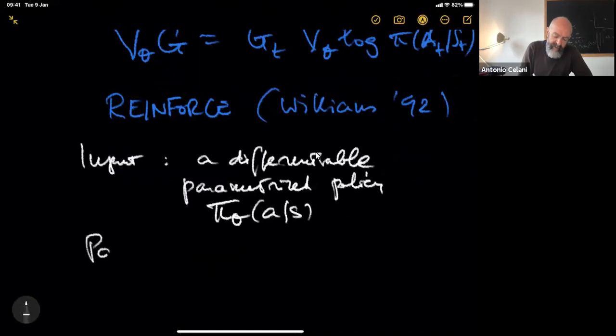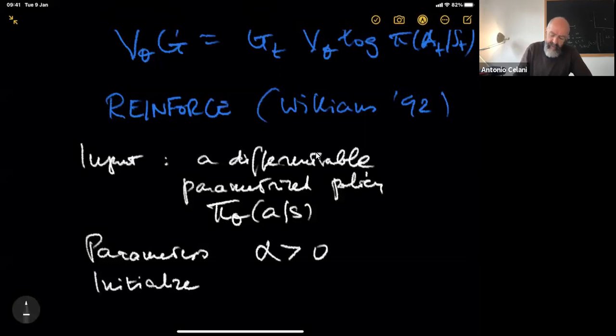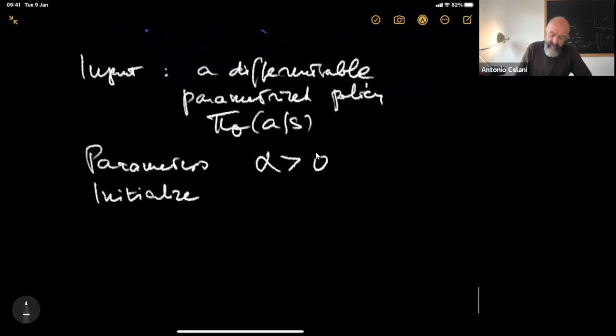Then you have as parameters some learning rates, alpha, and then you initialize your theta parameters somehow. For instance, you may want to set them all to 0, it depends.